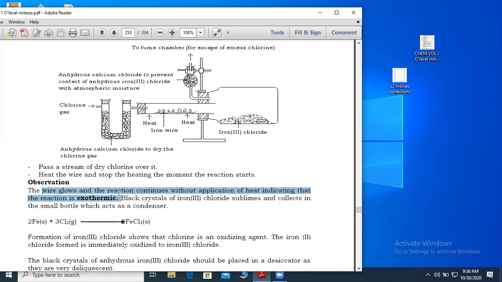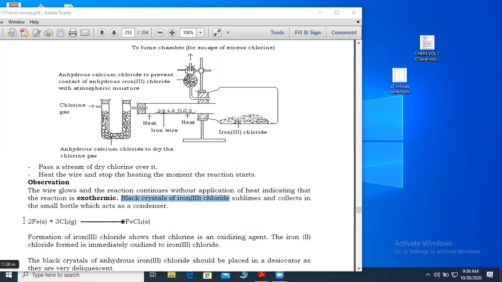The reaction is exothermic. So the observation, when chlorine is passed over heated iron wire, is black crystals of iron 3 chloride are formed. But remember, iron 3 chloride can sublime, because you are heating. So later on, it will sublime.